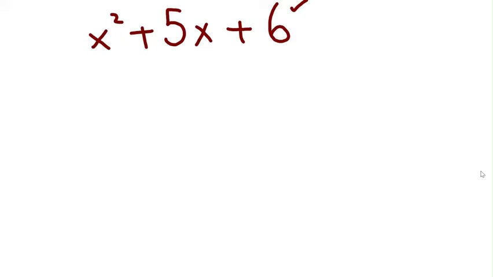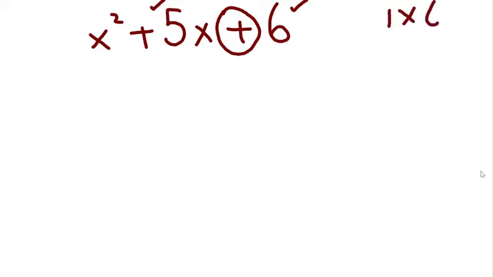C is 6. We have to make factors of 6, and the sign plays a very important role. By adding the two factors, you have to get the middle term. What is the middle term? 5. So let's start making factors of 6.